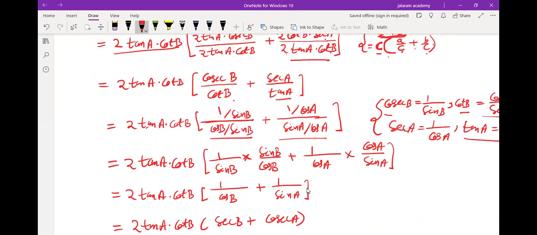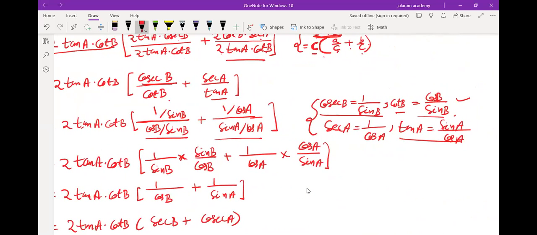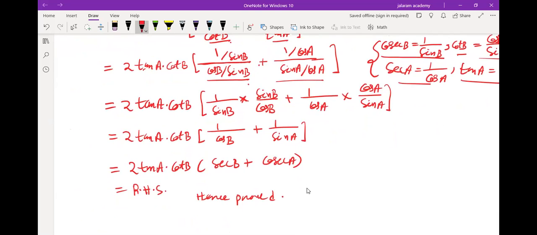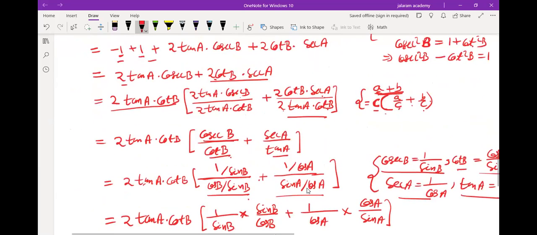And we know that cosec B equals 1 by sin B. So in place of cosec B, we write 1 by sin B. Cot B equals cos B by sin B. So in place of cot B, we write cos B by sin B. Plus sec A, so in place of sec A, we write 1 by cos A over, in place of tan A, we write sin A by cos A. So it is equal to 2 tan A cot B into sin B cancelled out. 1 by cos B plus 1 by sin A, 1 by cos B is sec B, 1 by sin A is cosec A. This is what we have to bring in right hand side.